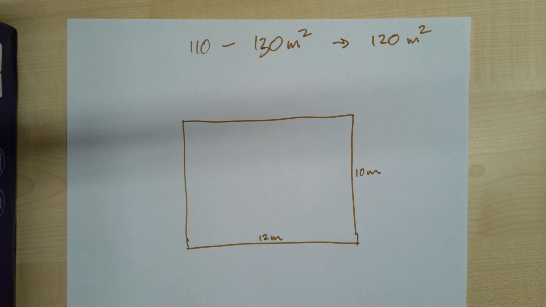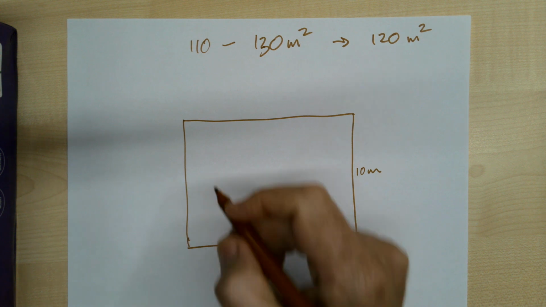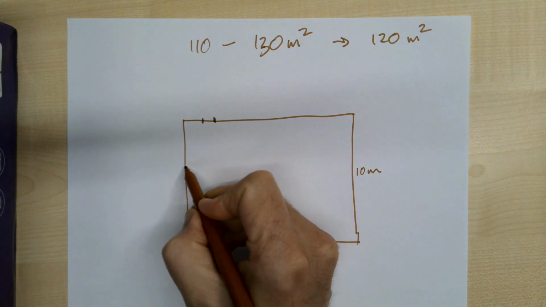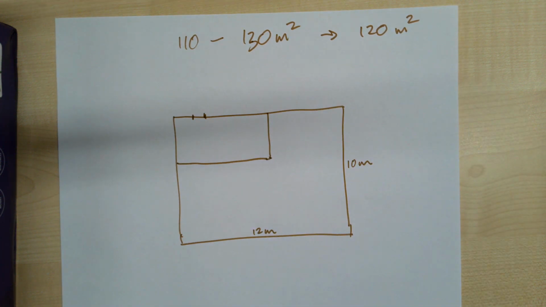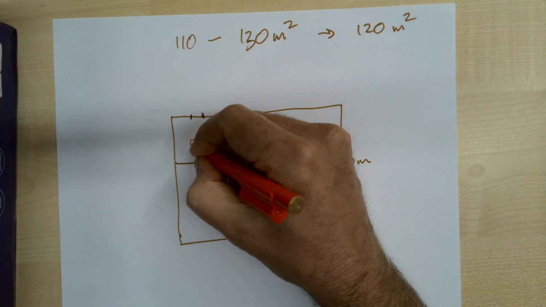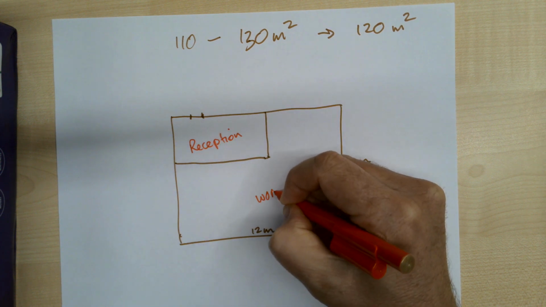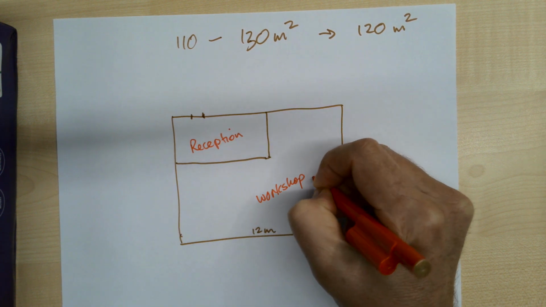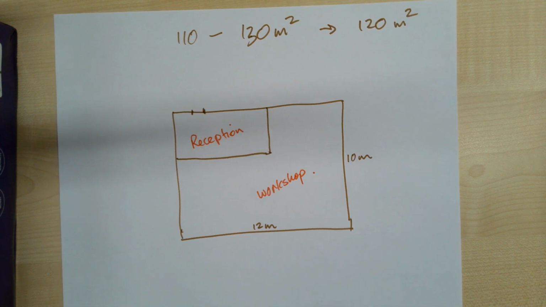But then it said I needed an enclosed internal section, and so you go, righto, maybe I'm going to have a door there, and here's the reception area. Boom. So this is reception, and this is workshop. Maybe it's a mechanics workshop or something like that.